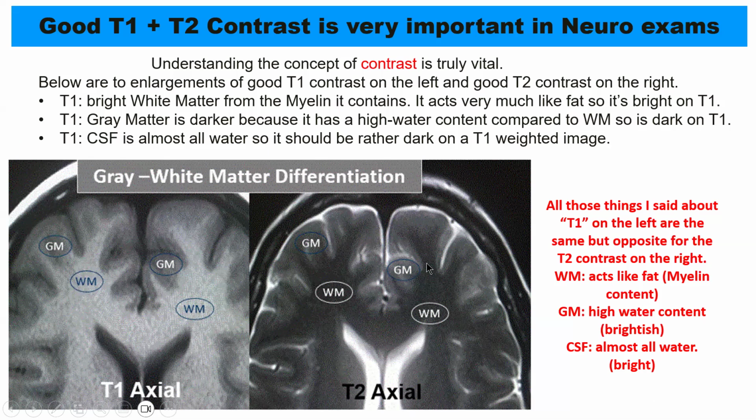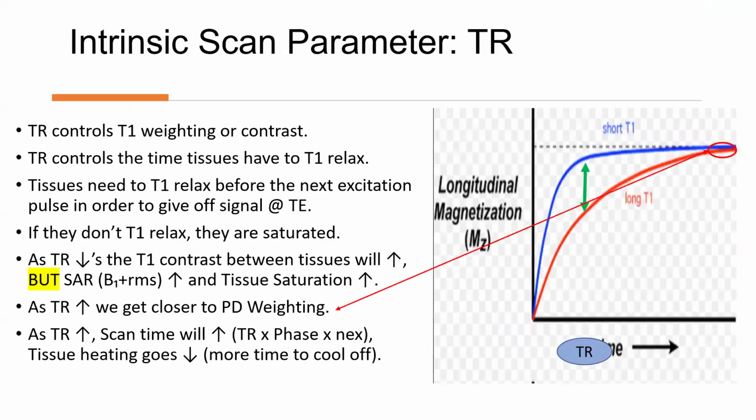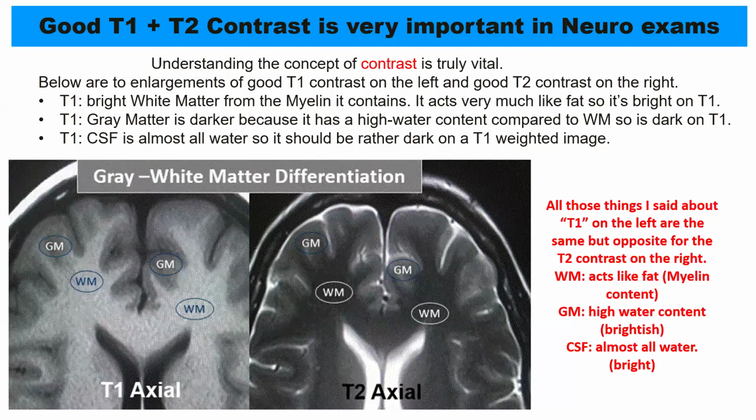On the T2 on the right, we used a TR that was very long, so we let the gray matter and the CSF fully T1 relax so that at TE, they can give us signal. So they need to T1 relax. Theoretically, the gray matter and the CSF are saturated by the short TR on the left-hand side.